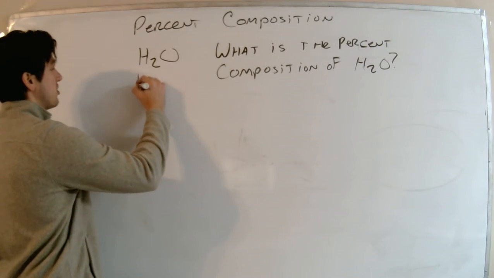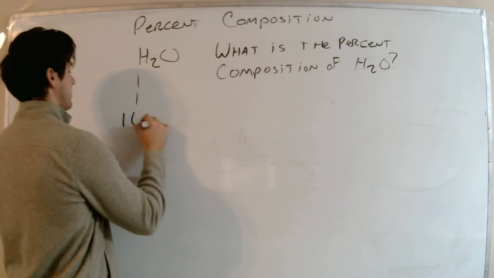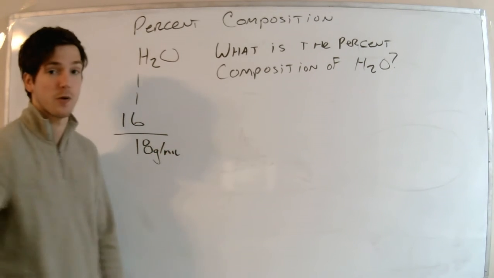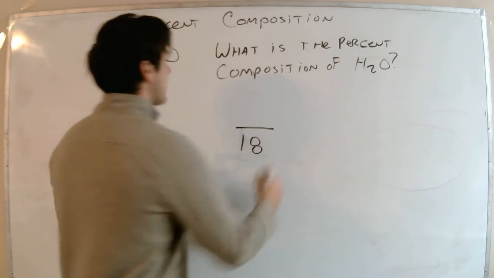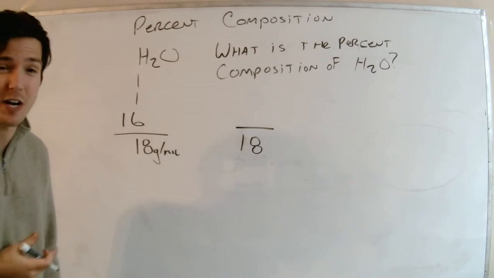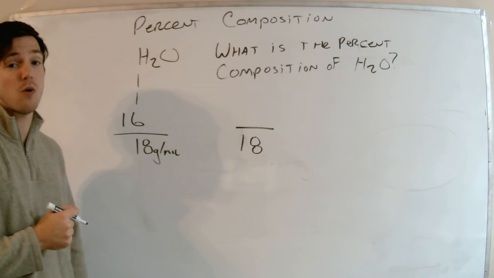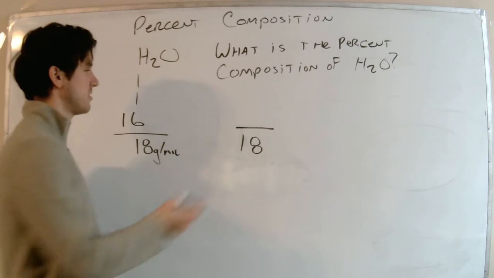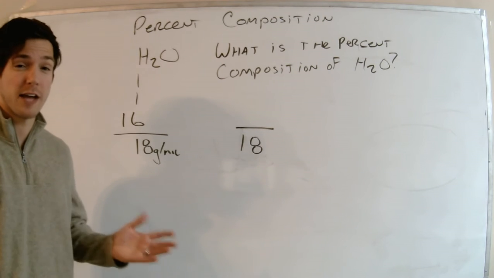The molar mass of hydrogen is 1, and I got 2 of those. And the molar mass of oxygen is 16. So the molar mass of water is 18 grams per mole. So I'm going to put 18 on bottom. And the first thing I'm going to do is figure out the percent composition of hydrogen in H2O. So all I'm going to do now is put the molar mass of all the hydrogens on top. Well, what was the molar mass of all the hydrogens in water?